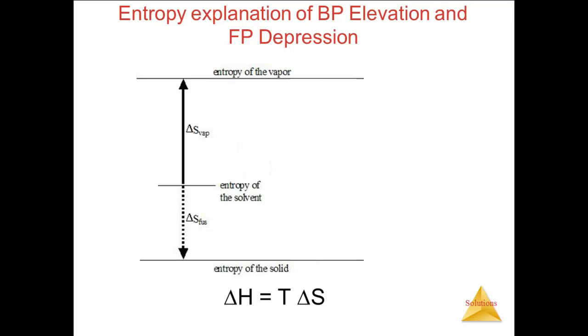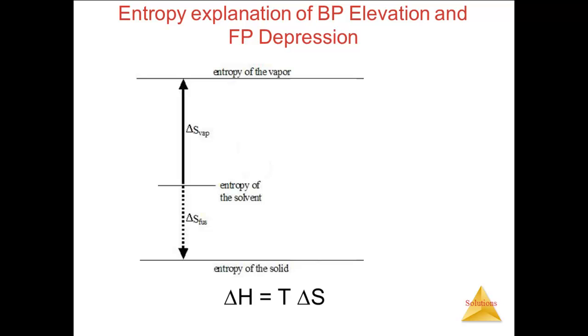And the solid line shows the entropy change for the boiling of the solvent, labeled delta S sub VAP for vaporization. The boiling point can be calculated from the heat of vaporization, delta H VAP, and the entropy change, delta S VAP. Similarly, the freezing point can be calculated from the heat of fusion, delta H FUS, and the entropy change, delta S FUS.